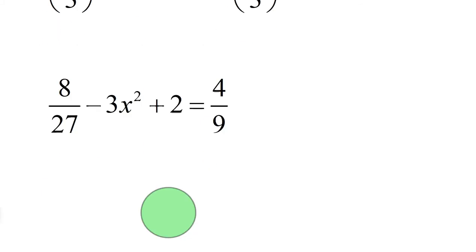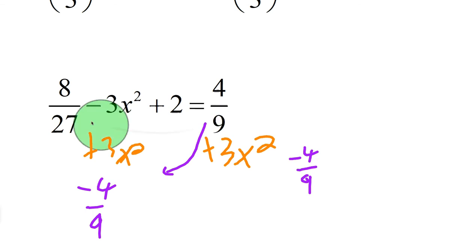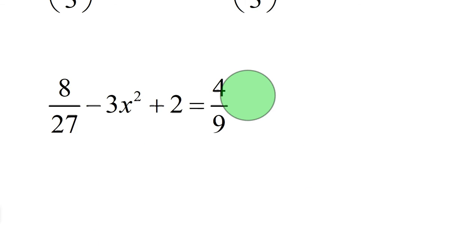So what we're going to do here is add 3x squared to both sides to get it on the right, and we are going to also move the 4/9 over. I hate doing two steps at once, but in this case, it's the way I typed it. Basically, move this over with the other things that aren't x.